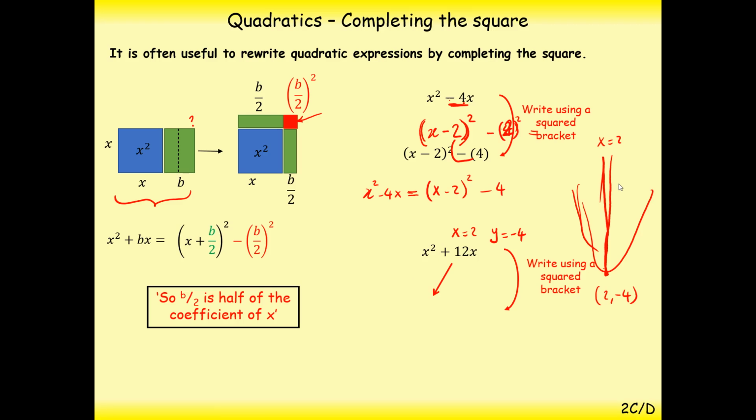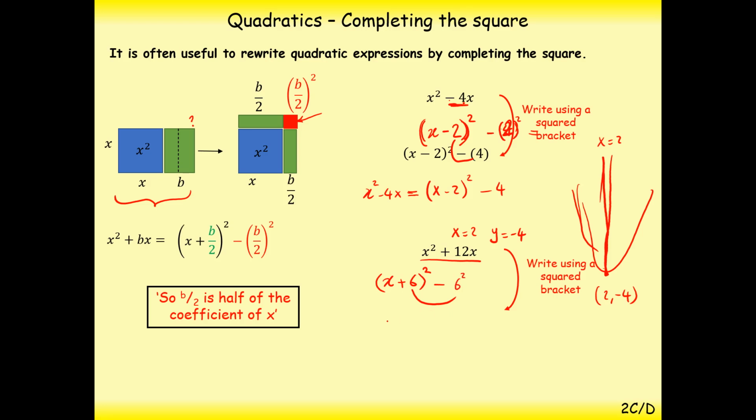Now, in this next example, down here, we have plus 12x. So we write x, and what's half of 12? Half of 12 is 6. So we write x plus 6 and we put the square sign here. We need to subtract something. That something is this 6 squared.